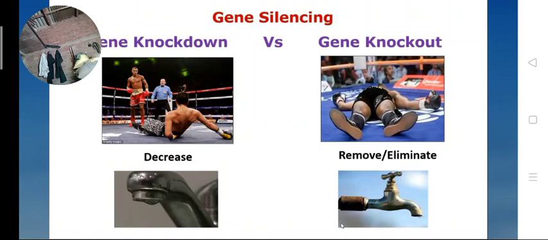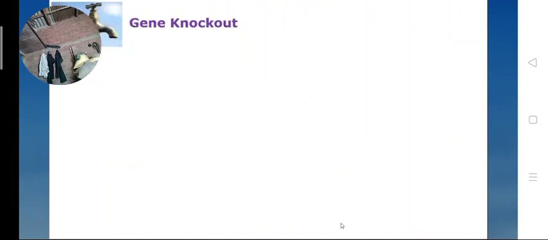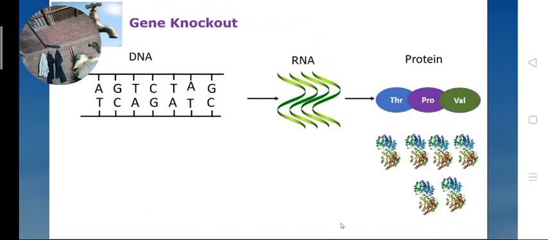Now in gene knockout, what happens? You have a normal DNA, a normal genomic sequence. It will convert into RNA, and from RNA, protein is synthesized by translation. This normally happens in the central dogma. Information is converted from DNA to RNA to protein.